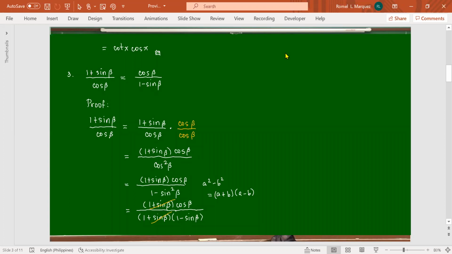The numerator now is equal to cosine beta, and the denominator is 1 minus sine beta. Okay, guys? Well, let's check the right side. Is this equal now to the right side? Yes, so that's it. We have proven that this is really an identity, okay? The left is equal to the right. Of course, you can do the same procedure working on the right side.